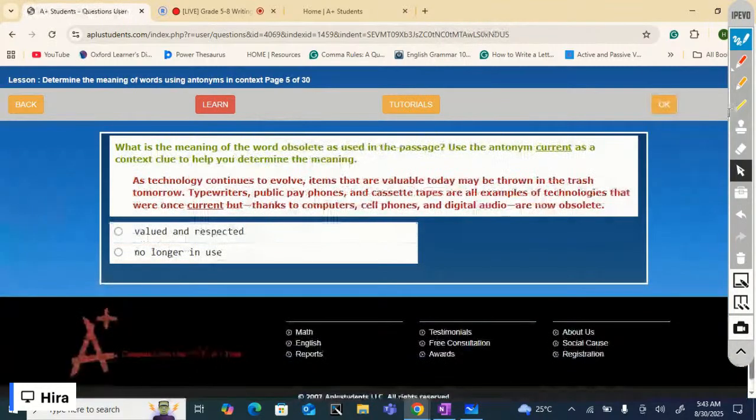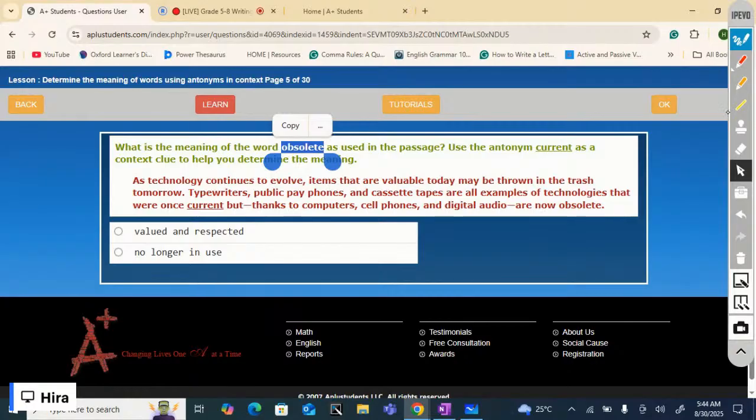What is the meaning of the word obsolete as used in the passage? Use the antonym current as a context clue to help you determine the meaning. As technology continues to evolve, items that are valuable today may be thrown in the trash tomorrow. Typewriters, public payphones, and cassette tapes are all examples of technologies that were once current, but thanks to computers, cell phones, and digital audio, are now obsolete.